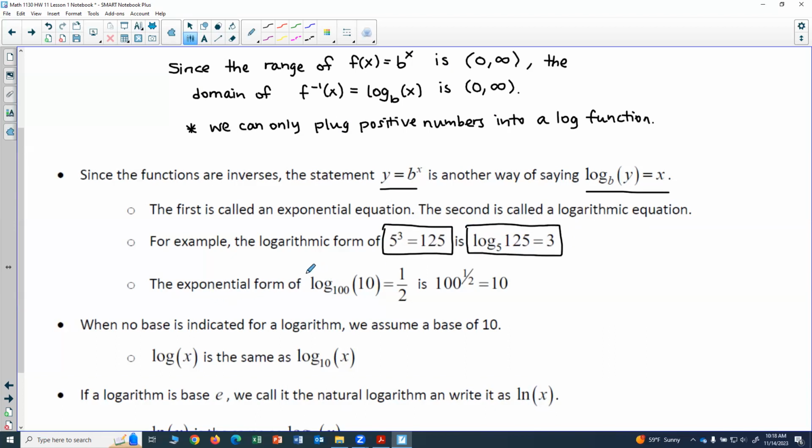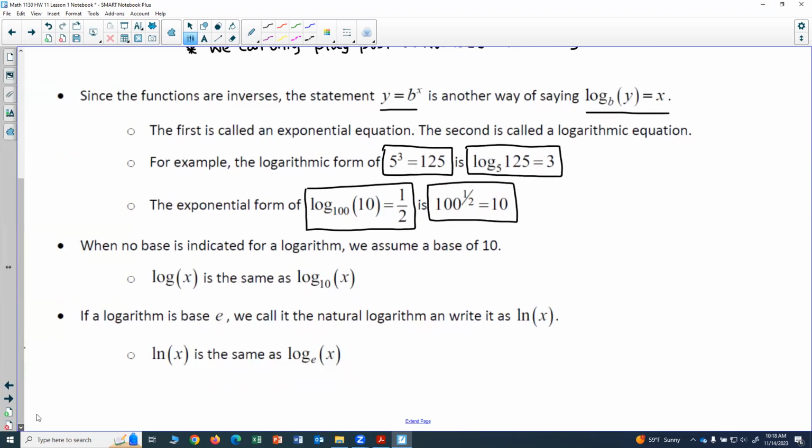And the exponential form of log base 100 of 10 equals 1/2 would be 100 to the 1/2 equals 10. So the base of the logarithmic function is the base of the exponential function. The output of the log function is your exponent, and the input of the log function is your output of the exponential function.